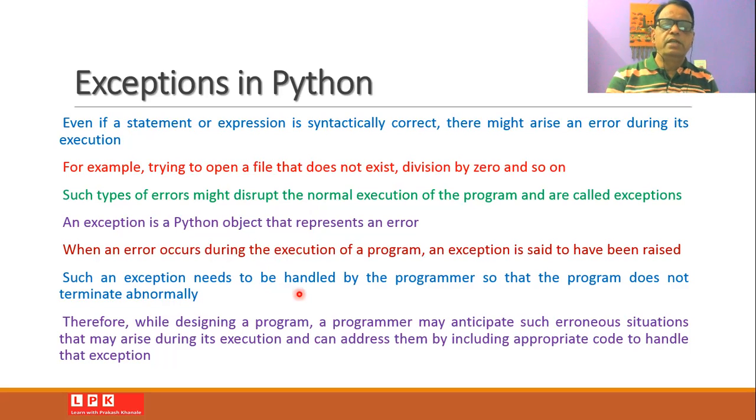Such an exception needs to be handled by the programmer so that the program will not get terminated abnormally. Whenever an exception is raised, program termination takes place and the further part of the program will not be executed. If you want to avoid it, such exceptions can be handled by the programmer, and such handling can be easily done in Python.